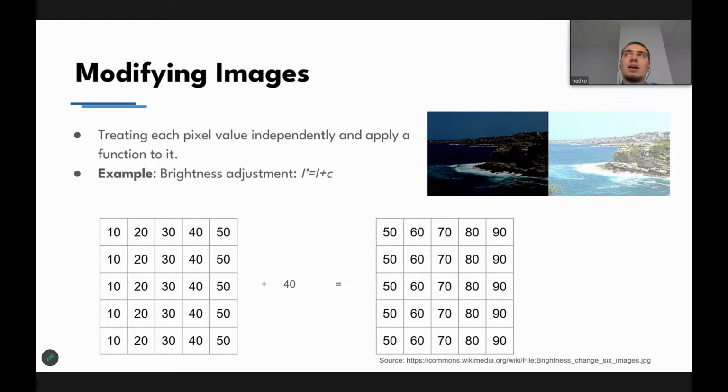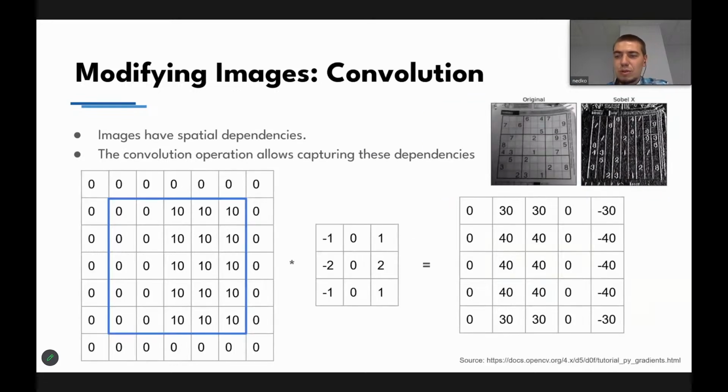So it means, just like in ML tasks, you would have to take all the pixel values in one function, and that function will transform all the pixels into something new. But of course, we have a lot of numbers here. We have thousands and thousands of numbers just for one image. So how do we solve these huge dimensions that we have to process? Well, one thing to notice about images is that they have these spatial dependencies.